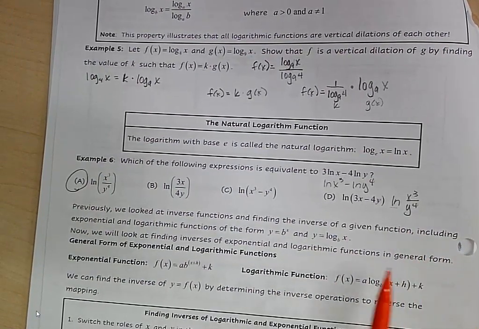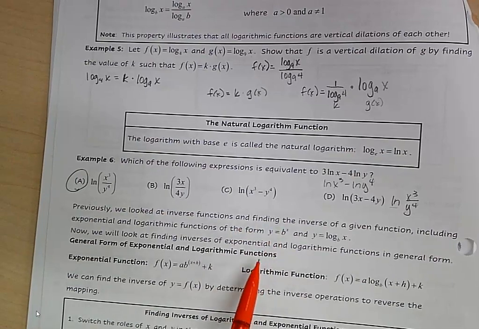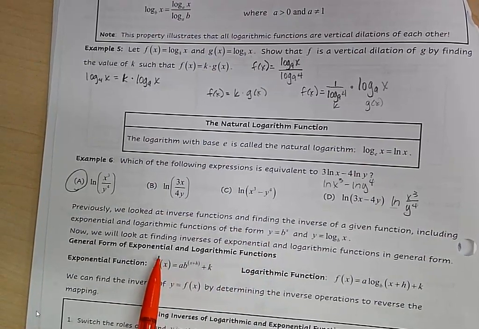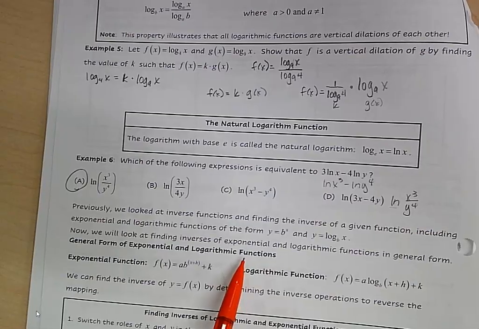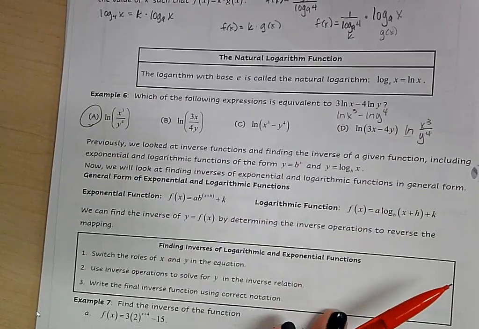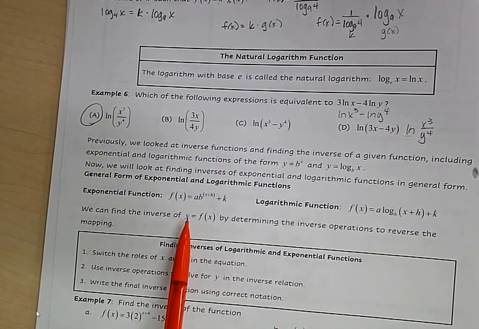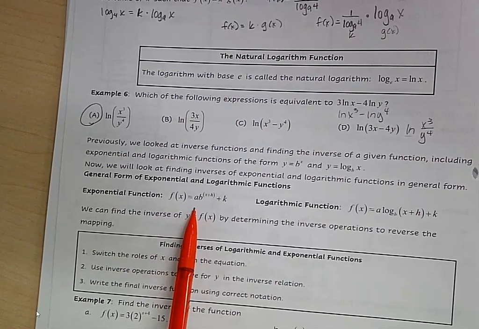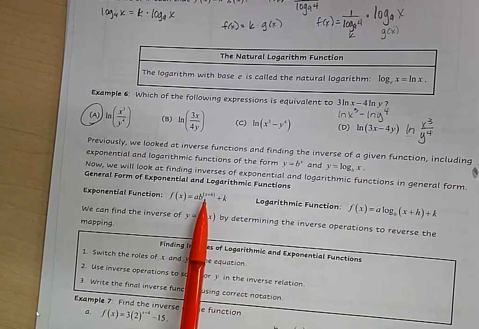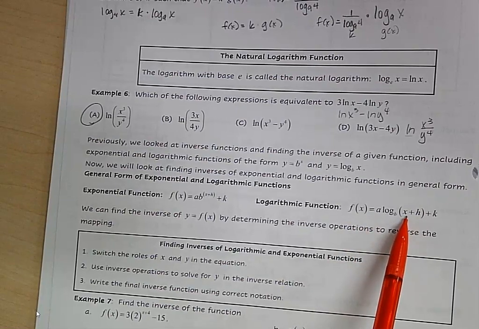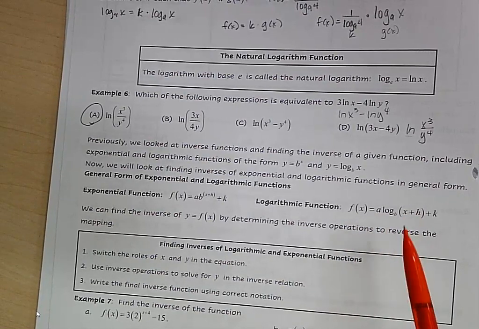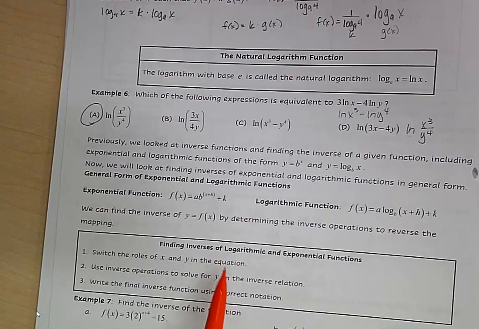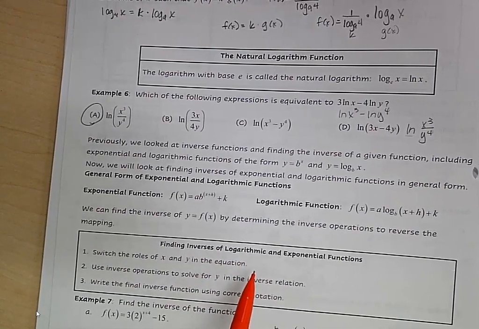Okay, we have talked about how we have inverses between exponentials and log functions. And here is your general form for an exponential function with all the translations in there. Same thing with your logarithmic function. And we're going to talk about how we would go about finding an inverse.